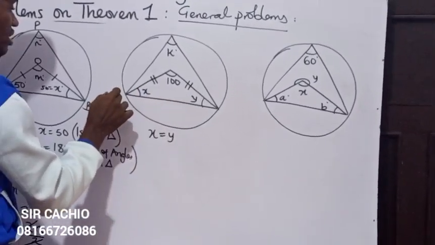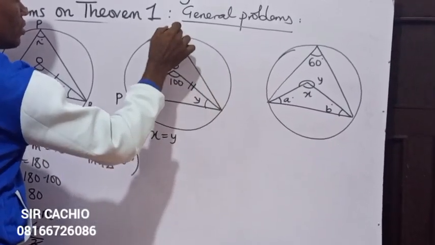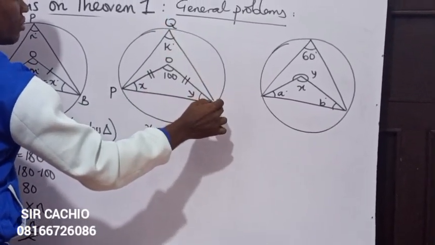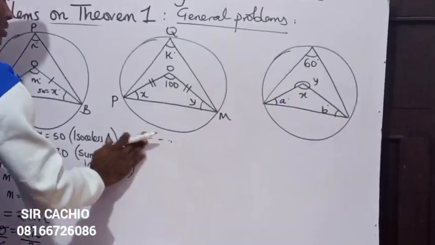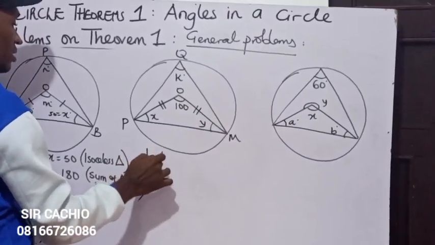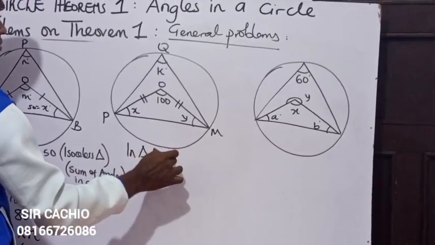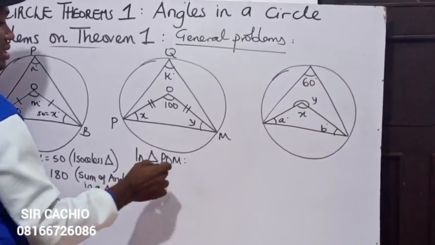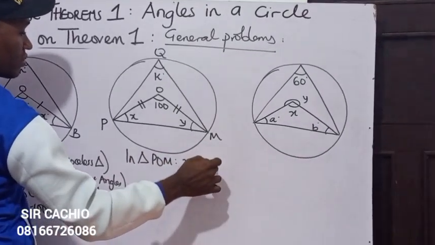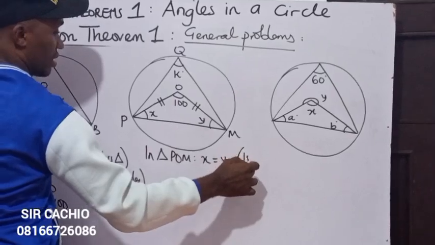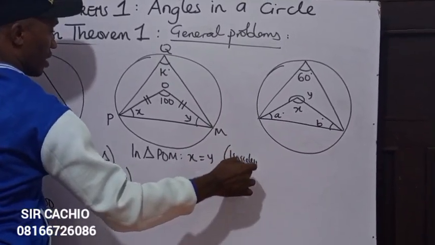I can name it P, O. Here will be Q. Here will be, let's say, M. So we can say in triangle POM, x is equal to y. Reason: isosceles triangle.